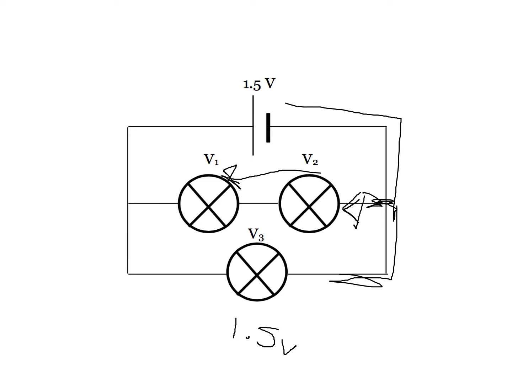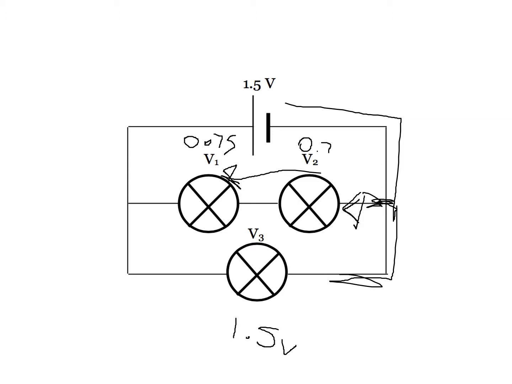So that means this bit here is actually a series circuit. So how do voltages split up in series? Well, I've kind of given you the clue. The bulbs are both identical, so they will split up evenly. So that means each bulb here must have 0.75 volts going across it. And that's because 0.75 times 2 will give you 1.5 volts.